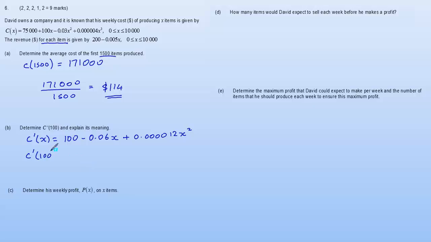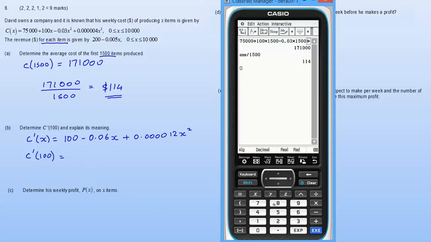And C'(100) then, so we just need to substitute 100 into this. So that's 100, take away 0.06 multiplied by 100, add 0.00012 multiplied by 100 squared.